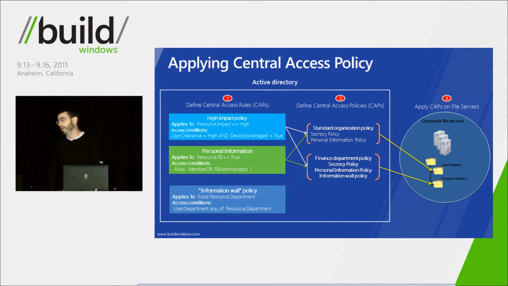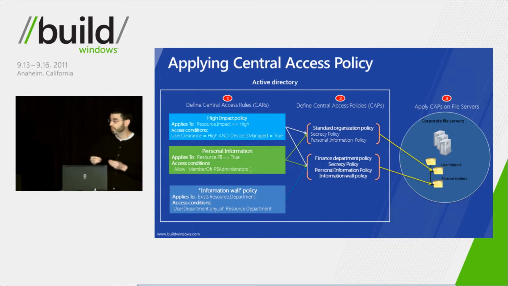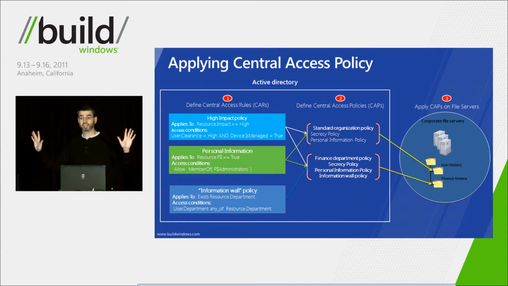Since organizations might have different groups with different access control needs, we can define multiple different central access control policies, and those are configured in group policy and distributed out to file servers. From there, they can be applied on files, and they're live, affecting people's access to the files and their ability to do their work.